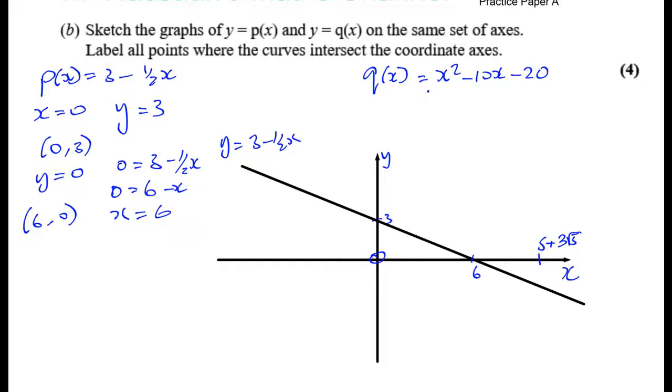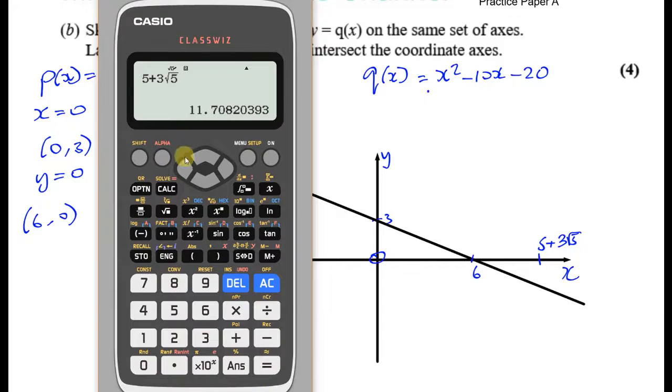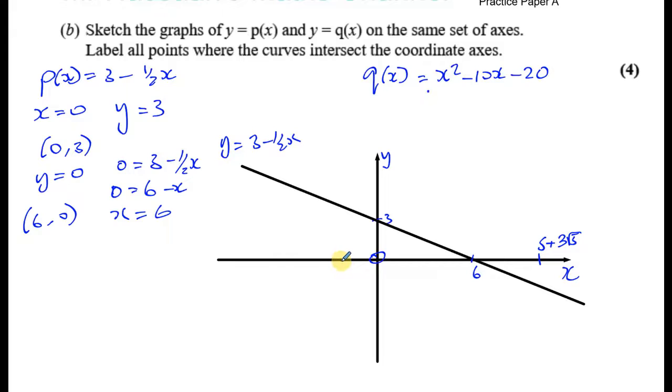Okay, so let's go back and put the minus there, and that gives us negative 1.7. So it's somewhere over here, this is 5 minus 3 root 5. Okay, that's that value there.